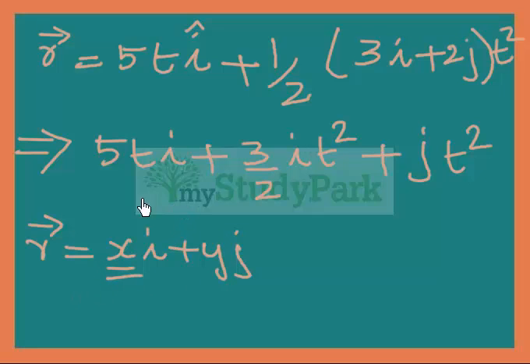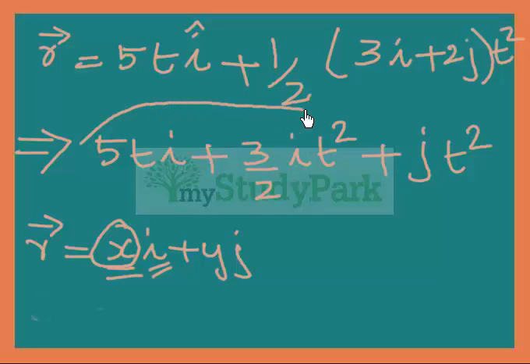So what is the value of x? You can equate from both the sides. So 5t plus 3 by 2, sorry, it is 5t. So you can equate the value of x, because in this case you can see that the position vector along the x direction, which is the i vector, is 5t i plus 3 by 2 t square i.